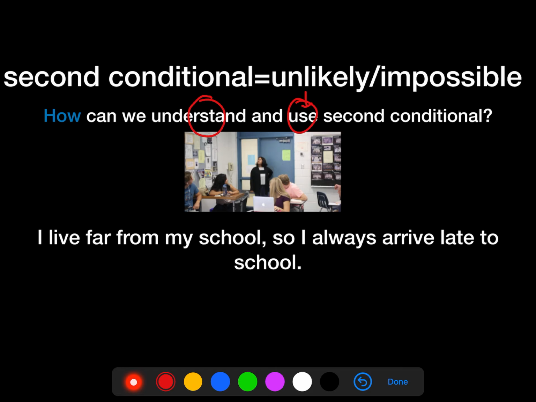So, as an example, let's read this sentence. I live far from my school, so I always arrive late to school. One more time. I live far from my school, so I always arrive late to school.